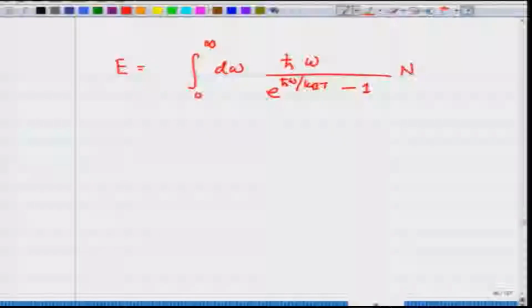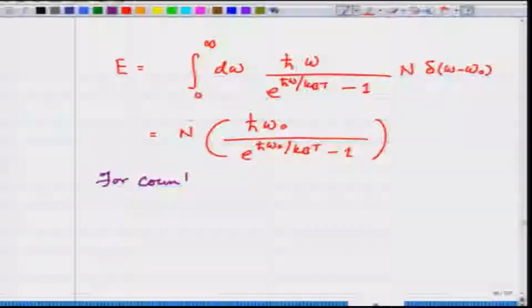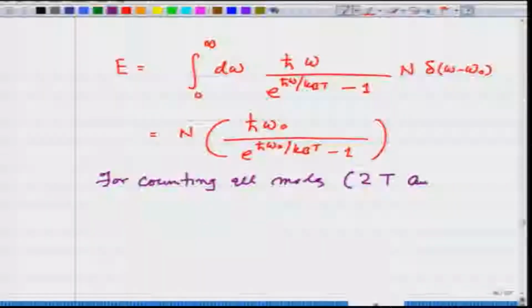D(omega) now is n times delta(omega minus omega 0). So, this comes out to be h cross omega 0 over e raised to h cross omega 0 over k b T minus 1, times n. Now, for counting all modes, because remember this is one mode over which I applied the periodic boundary condition, there are two other modes. So, there are going to be two transverse and one longitudinal mode.